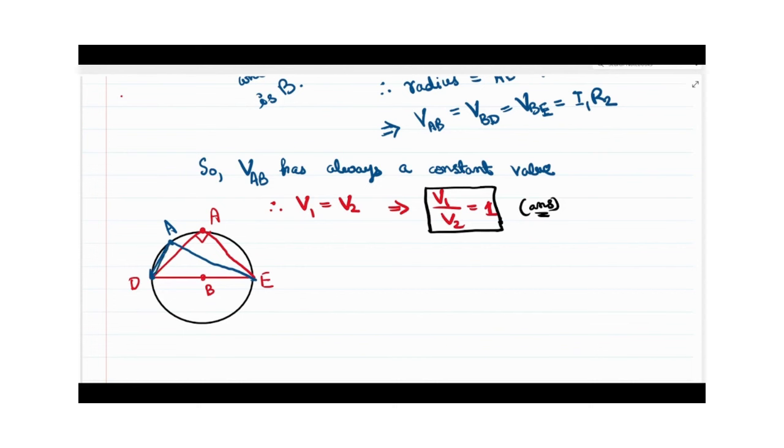This is VR1, and it might be that the value of VR1 changes, and this is VL. But the point A, which is the main thing, will always lie on this circle.